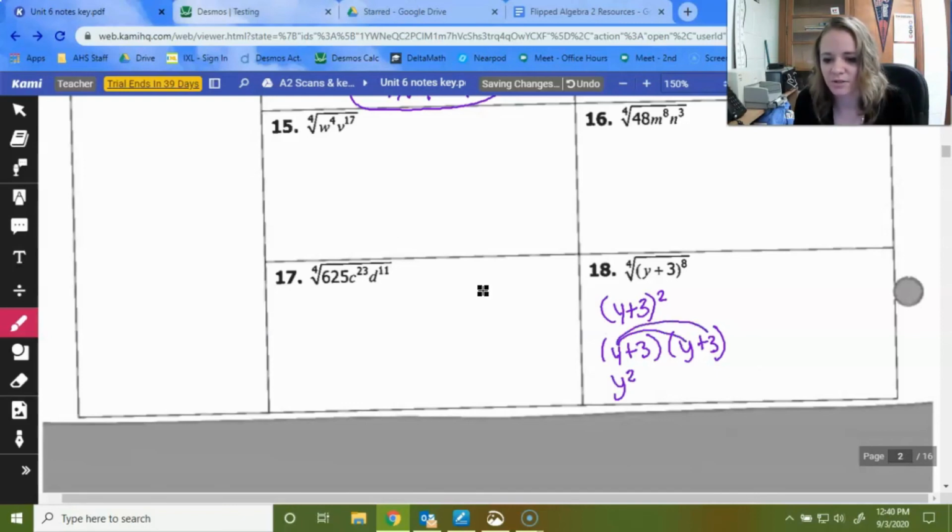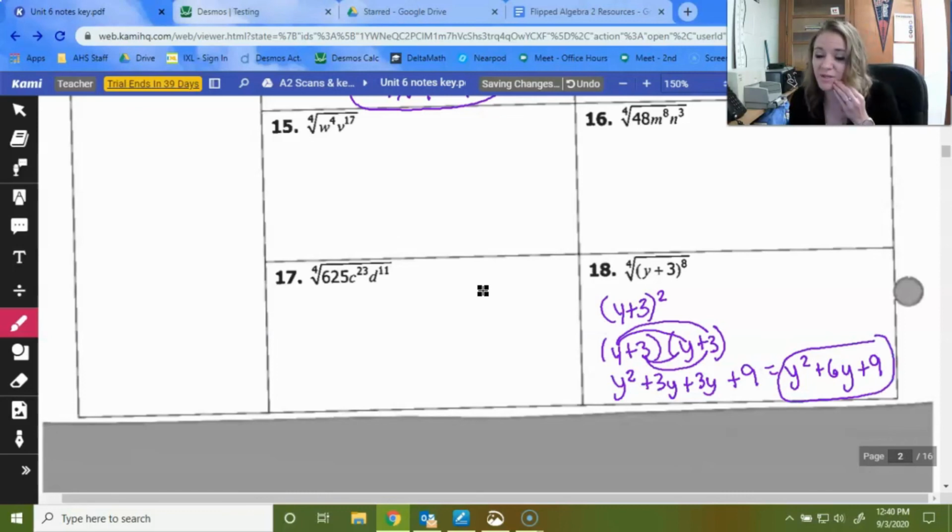Y times 3 is 3y. And then we do it with the next item, plus 3y. And then 3 times 3 is 9. So the answer could look like that. It just depends on the directions or answer choices that have been given.